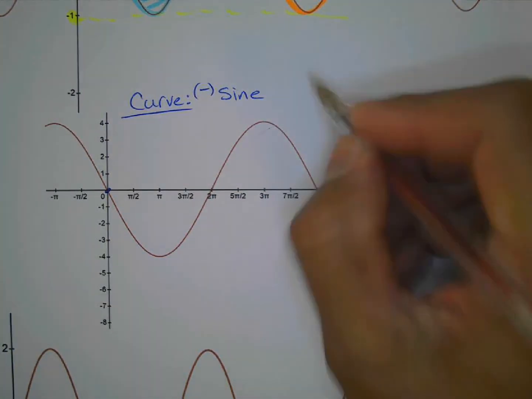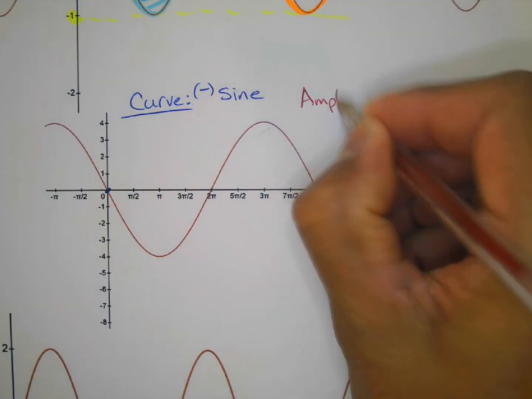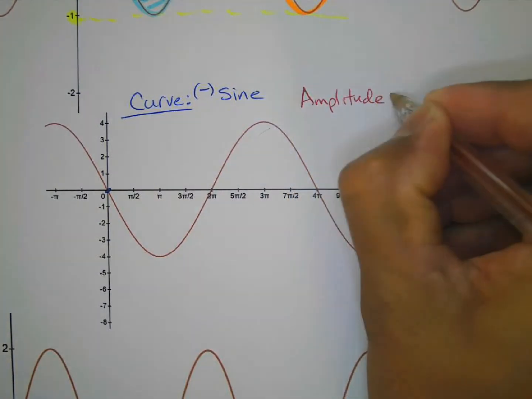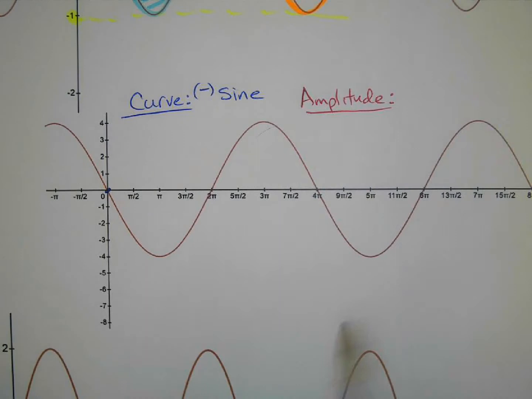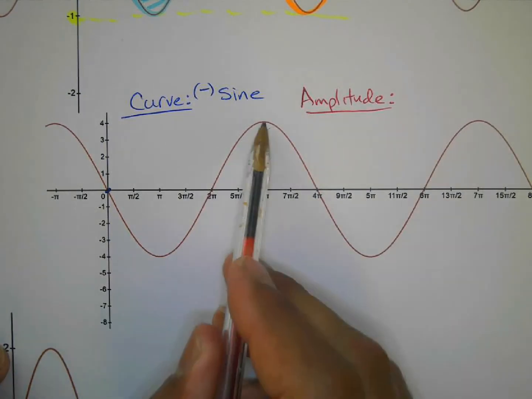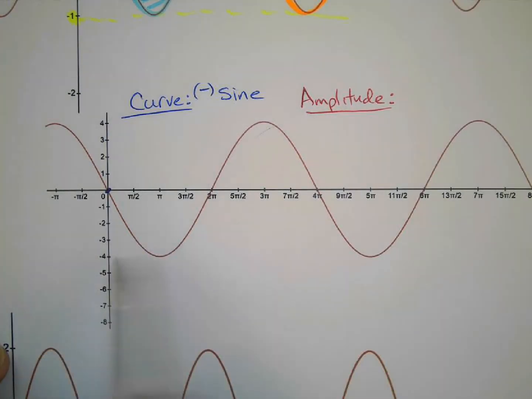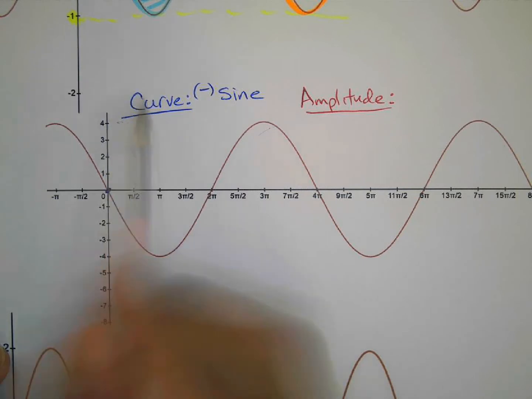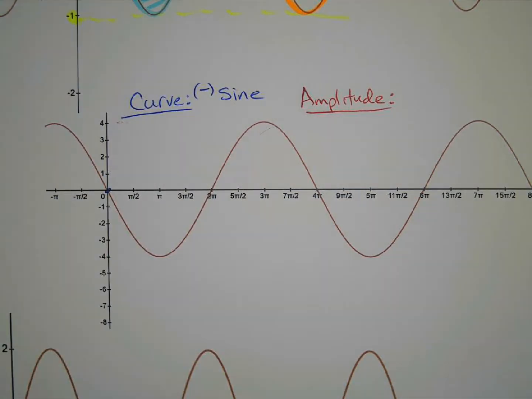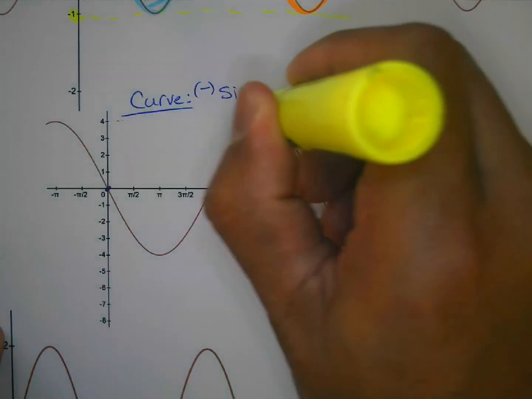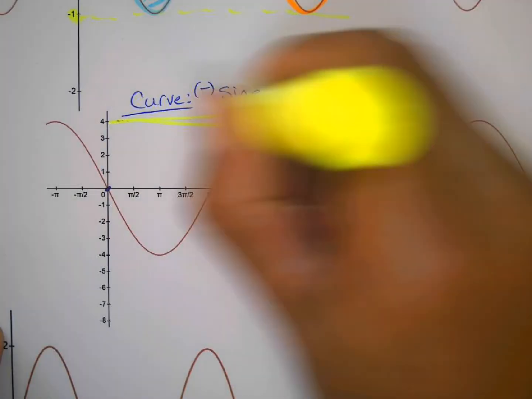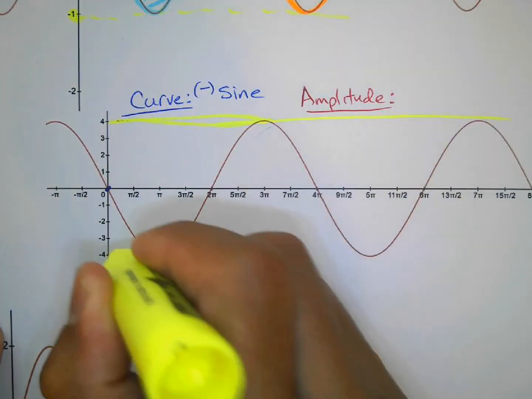The amplitude. Well, we look at these high and low points right here. What is this distance that it's going high and under?